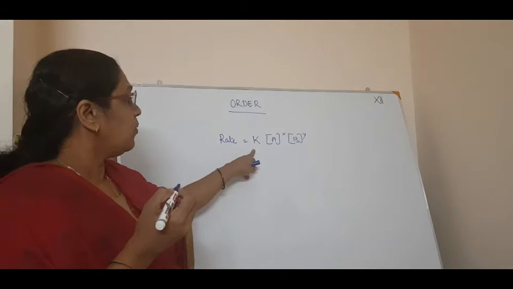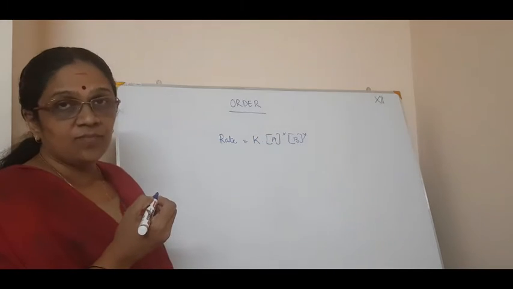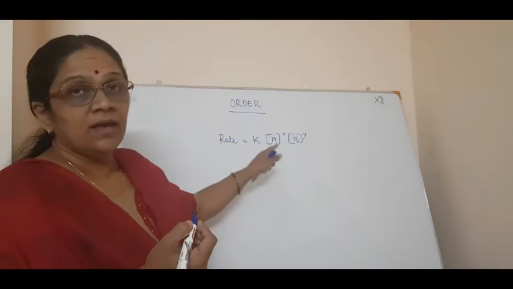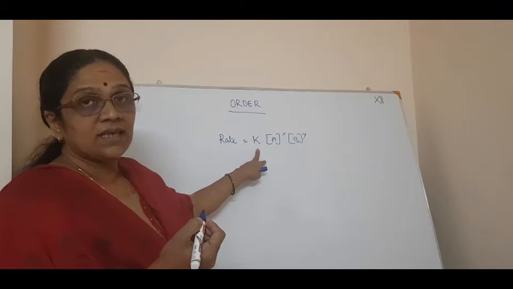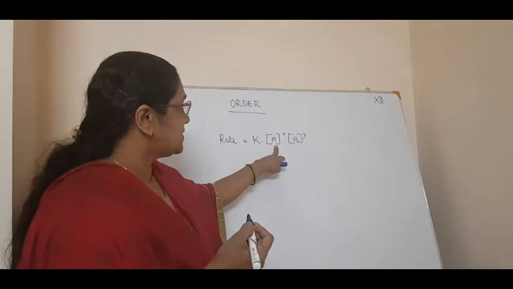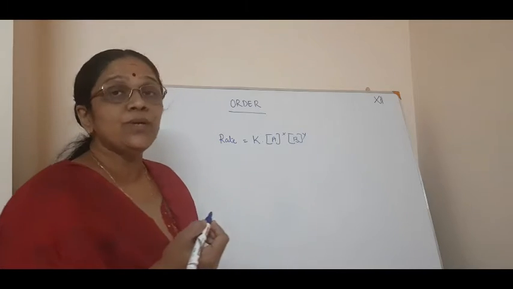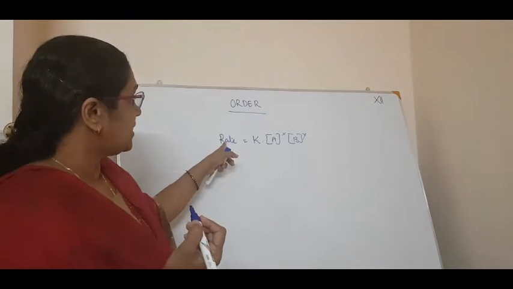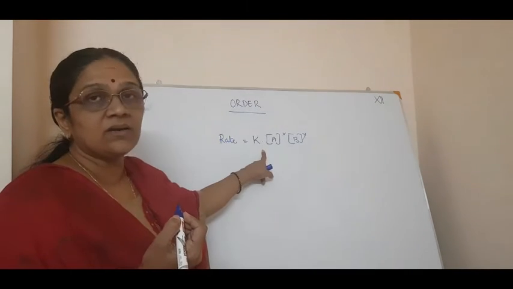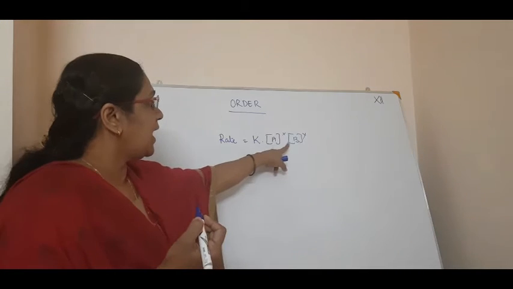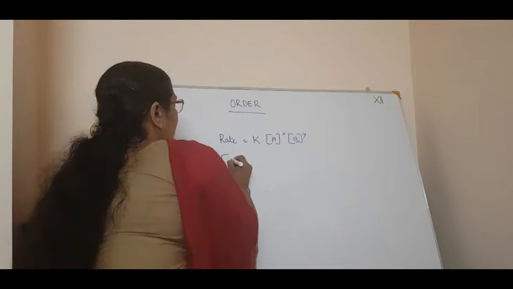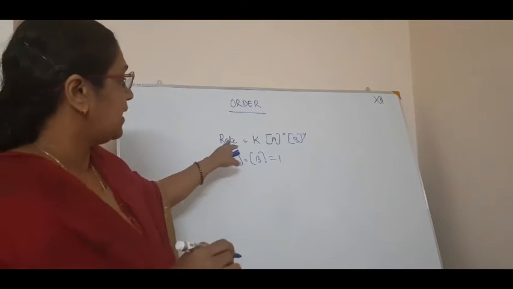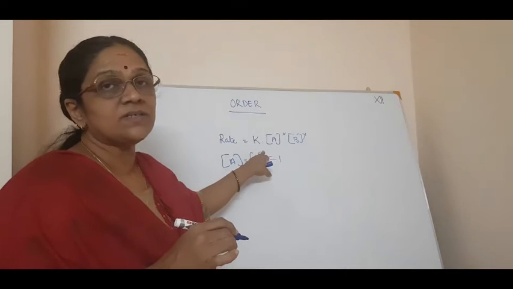Now, how will you define the rate constant K? You can define the rate constant as follows: if the concentration of A and the concentration of B are unity, then the rate is equal to the rate constant.